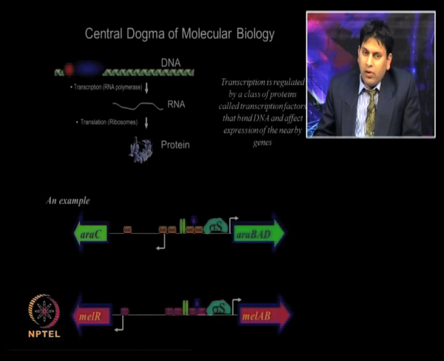Now, as an example, let us see the case of the AraC transcription factor in a bacterial genome such as E. coli. This particular transcription factor binds to the upstream regions of the araBAD operon, which encodes for the enzyme and the transporter responsible for the uptake of arabinose from the environment.